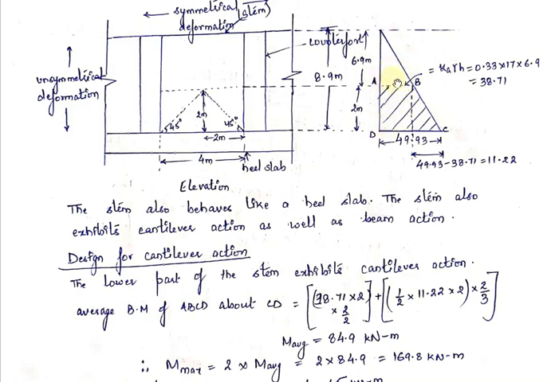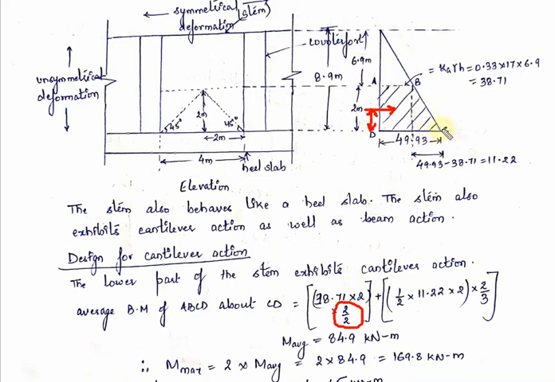The length is 38.71 and the width is 2. So this is your force, 38.71 into 2, and this force will act at the CG of the rectangle, at height by 2. So the perpendicular distance of this force from CD will be 2 by 2.